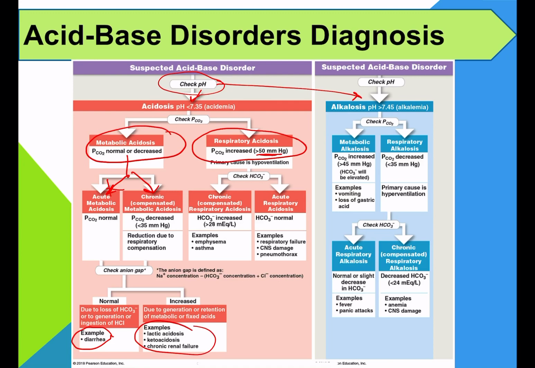Then you would know the right thing to do in terms of diagnosis and what to give the patient to alleviate their symptoms. Of course, the doctor is the ultimate person who will decide what to give the patient. But as a nurse, as a PA, whatever it is, it's good to know this diagnosis process in cases related to acid-base disorders.